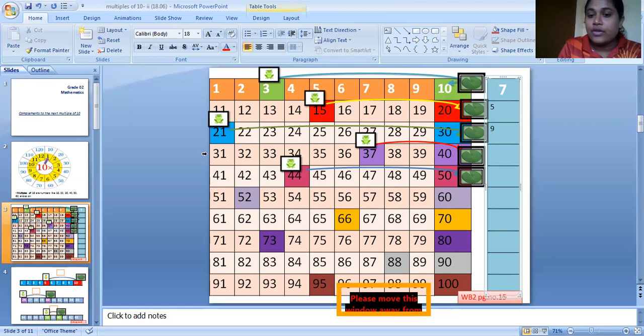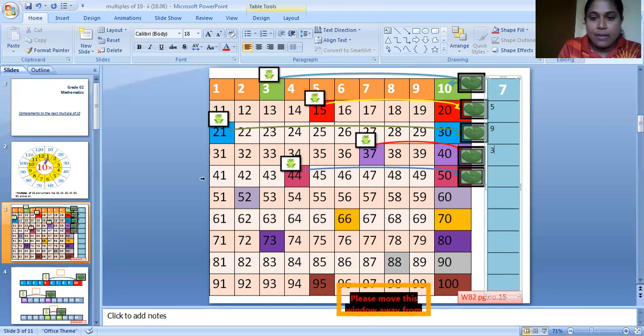Let's move to our fourth line. Let's find where this frog is. It is on number 37 and it should jump to the lily pad on number 40. Let's help him to find the lily pad. 1, 2, 3. Here it should jump 3 times.